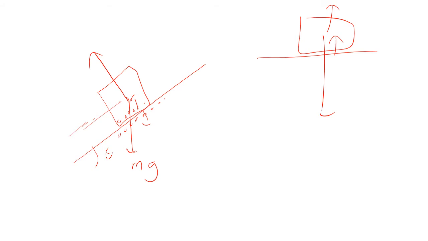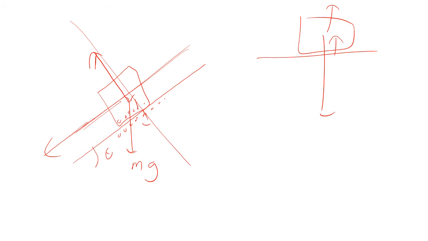And so what happens is I put my x-axis like this, my y-axis like that. I can do it any way I want, but I put my x and y-axis like that. Now why would I do something weird like have a tilted x and y-axis? Because now it's moving in one dimension. It's just going to go down the incline. And you know from chapter 4 that one-dimensional motion is easier than two or three-dimensional motion.